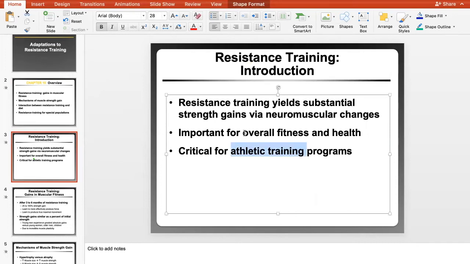And because of its ability to improve muscle strength and your ability to maintain your activities of daily living, such as bed transfers, getting up and down from chairs, walking, dressing, it's not only important for athletic training programs, but the overall fitness of individuals in our population, especially our elderly and growing population. So a lifetime of resistance training is important at making sure that people maintain overall fitness levels.